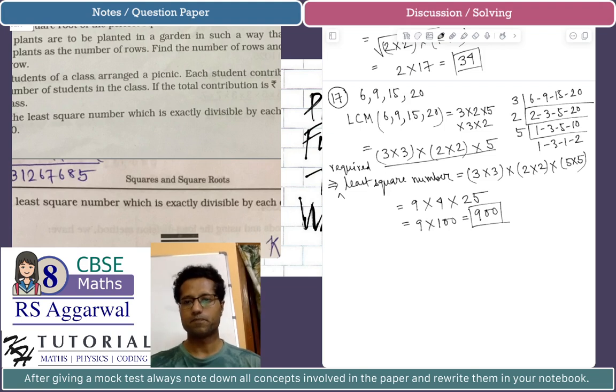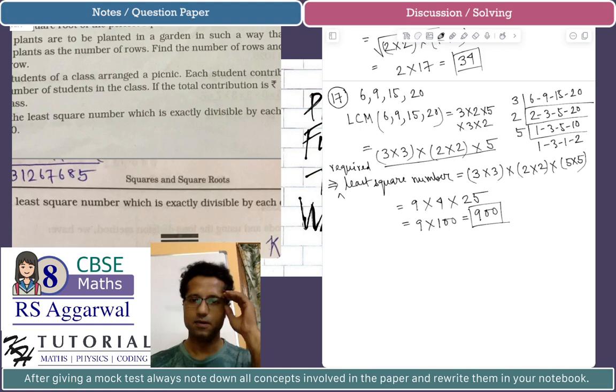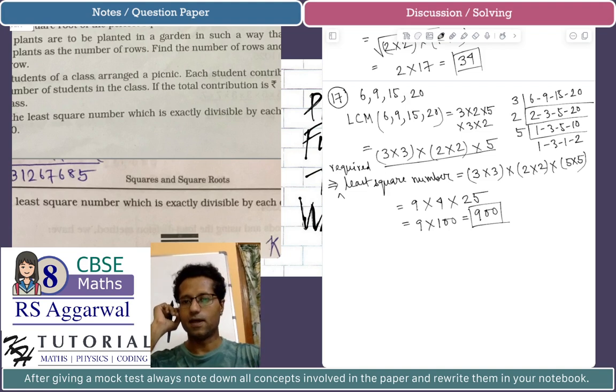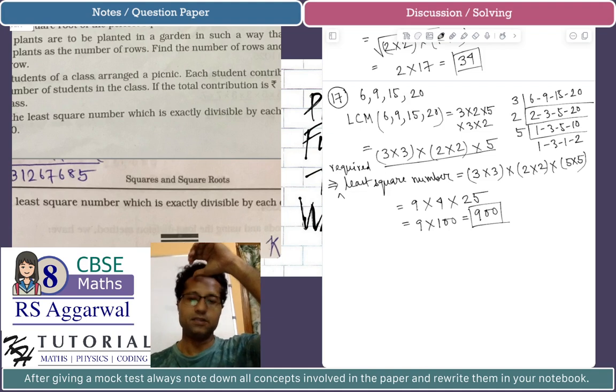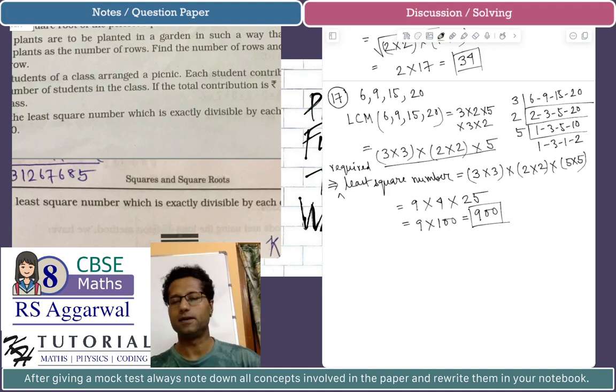Now, from this LCM, we have to multiply it with the least number to make it a perfect square, and that least number will be all the prime factors in the LCM that are left behind, that are not part of any pair.